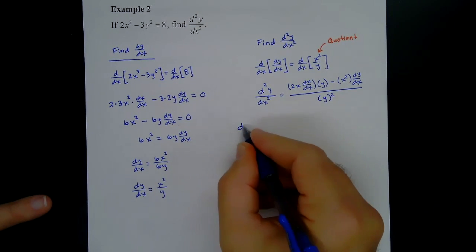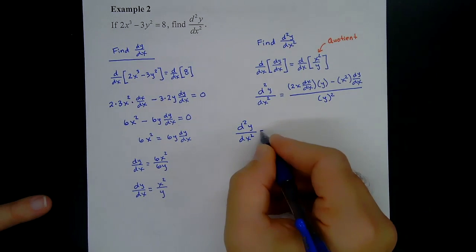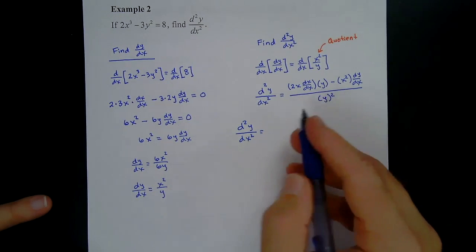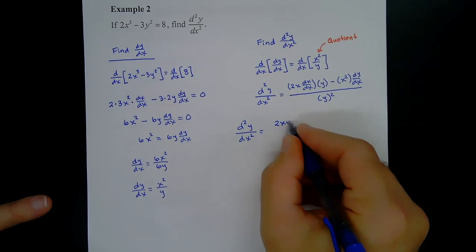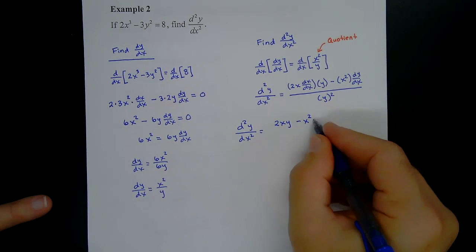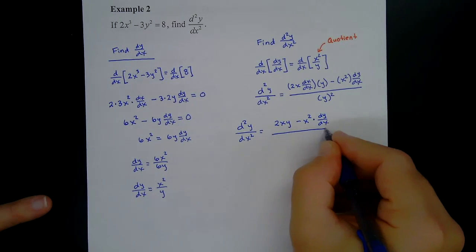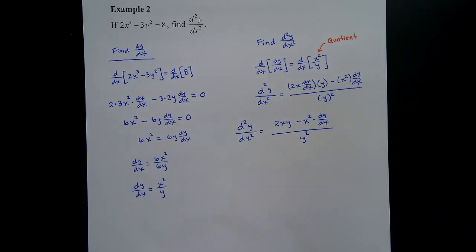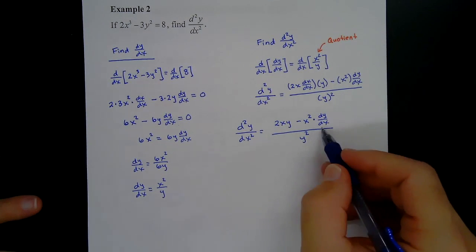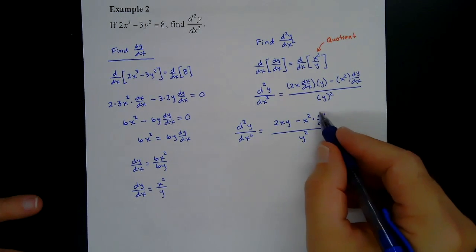So the second derivative of y with respect to x for the second time turns out to be 2xy minus x squared times dy over dx, all over y squared. Now, we want this in terms of x's and y's. So we don't want a dy over dx in our second derivative. We're going to replace it.